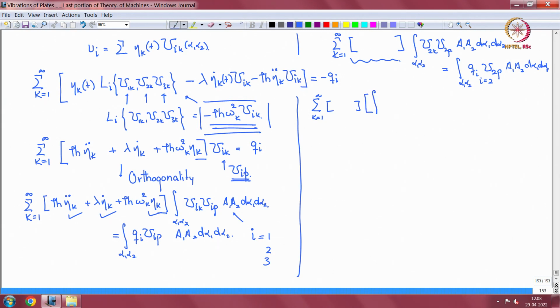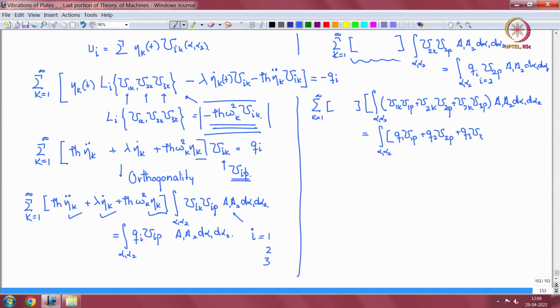then the summation of u1k u1p plus u2k u2p plus u3k u3p a1 a2 d alpha 1 d alpha 2, on the other side integral alpha 1 alpha 2 q1 u1p plus q2 u2p plus q3 u3p a1 a2 d alpha 1 d alpha 2.